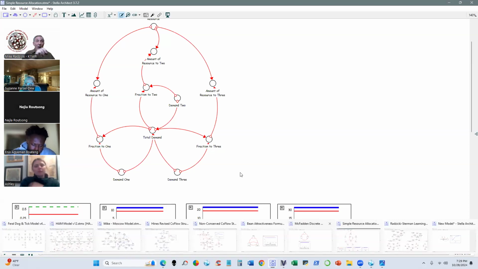If people in a game are putting in whatever they want for their demands, you use this to make sure that the game isn't supplying more than it can, that it's not meeting demands with resources it doesn't have.